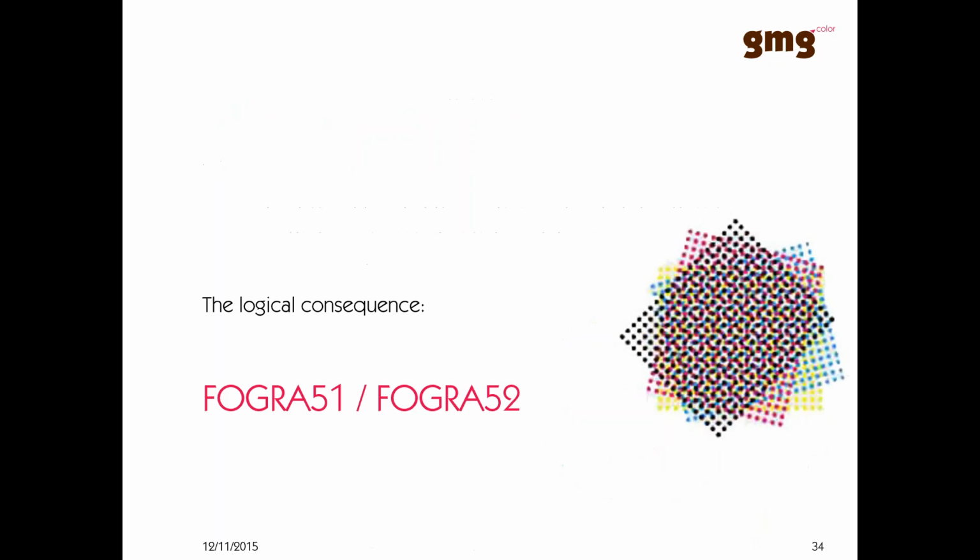Okay, we can continue. So now we have new measurement, we have new paper categories, we have new target values in the ISO 12647-2 describing the offset printing as such, and we still had FOGRA39 and following up with all the other ones. FOGRA39 describes old TVI curves.